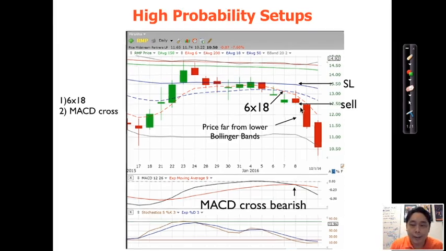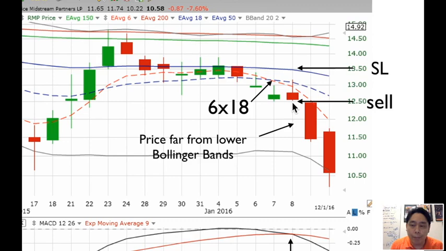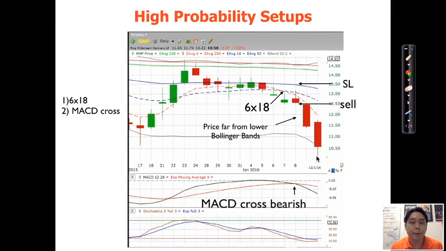Perfect. So my sell order will be, in this case for a $12 stock, something like 2 cents below the low of this candle. My stop loss, 2 cents above. The next day it goes lower, triggers my sell order, and I hit my target price in 2 days. Perfect.